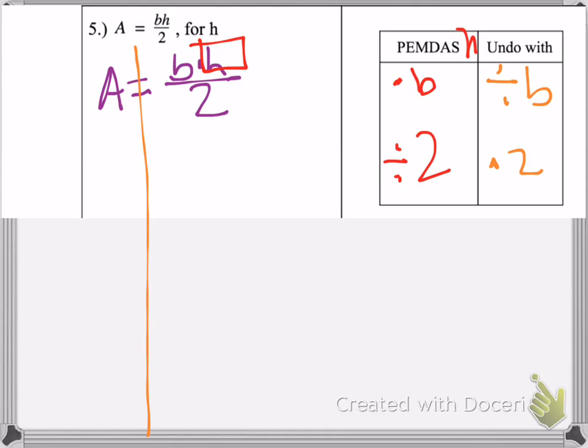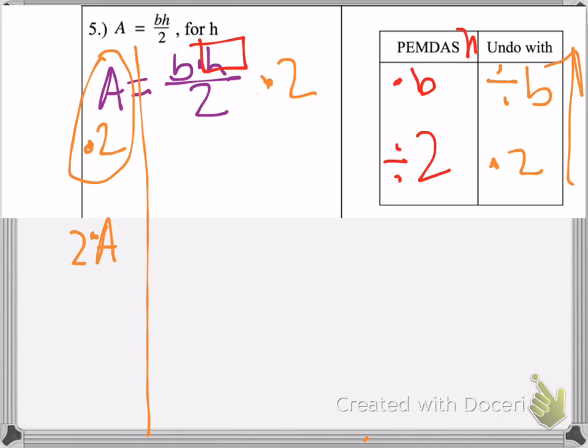If I multiply this left side times 2, remember we go up, we multiply the right side times 2. I'm going to write it over here. So A times 2 is just 2A. You can write 2 times A if you want, but you don't need that dot.